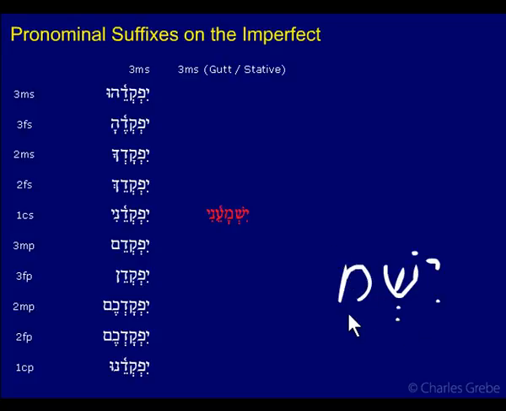Instead of o, we would have a patach there. Yishma. What happens is this lengthens to a full qamets, full a. So instead of yifkedeni, we have yishma'eni. Okay? But again, this is not going to throw you. In fact, if you're reading quickly, you probably won't even notice.